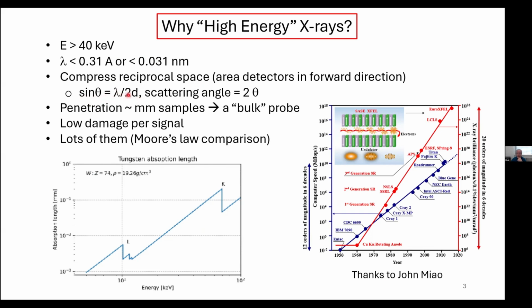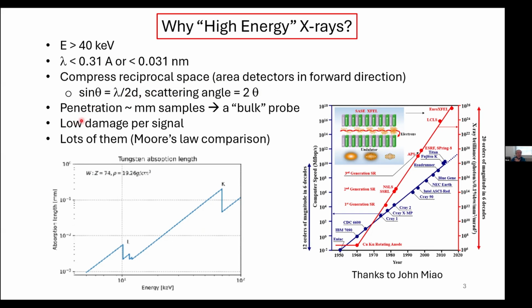Sine theta is lambda over 2d, the spacing of planes in your crystal structure. So as we reduce lambda, we reduce the angles, and this Bragg angle is 1/2 of the scattering angle. That is the deviation of the diffracted beam from the direction of the incident beam. So it's in that sense that reciprocal space gets compressed when you go to high energies.